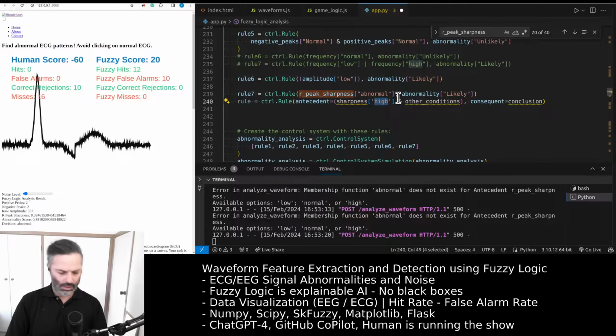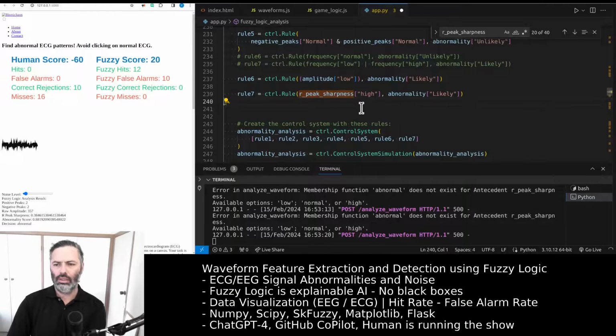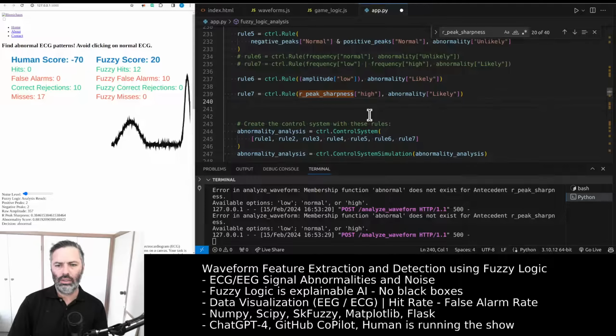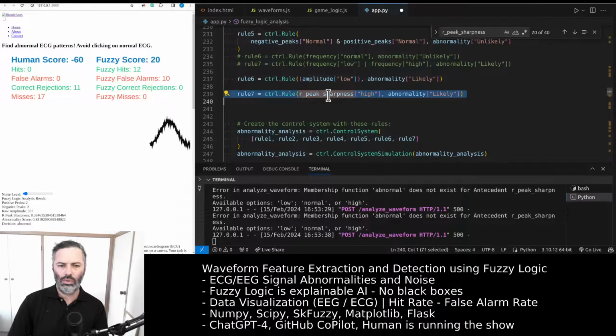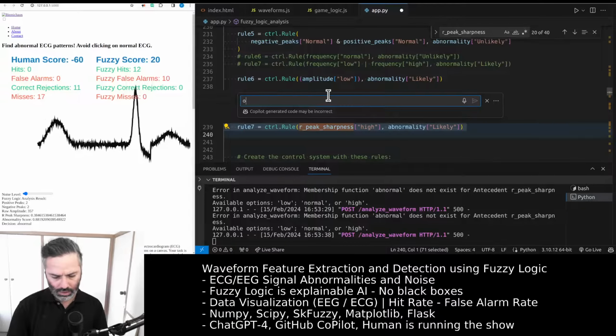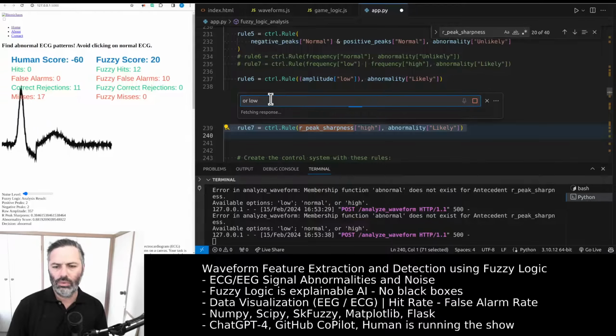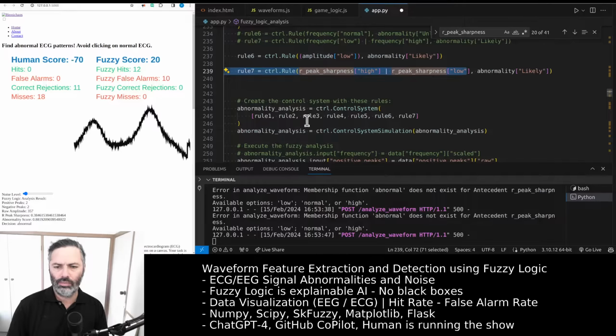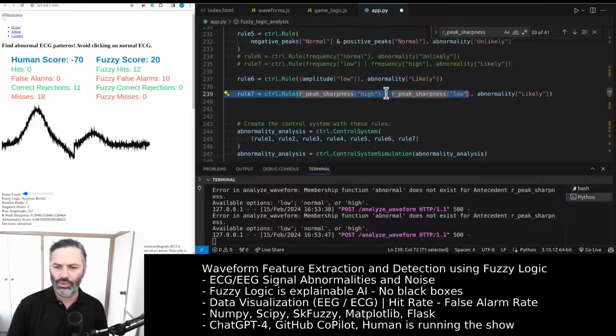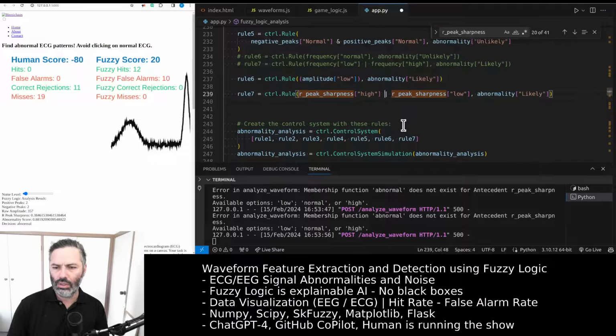Be high or low. Can it do this? Control I or low? Actually doing that. Then or operator abnormality likely.